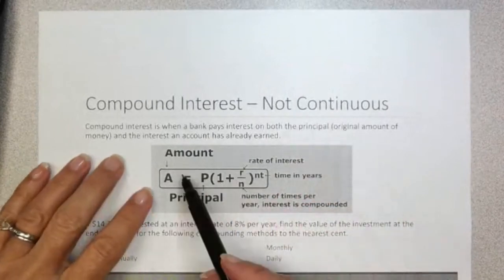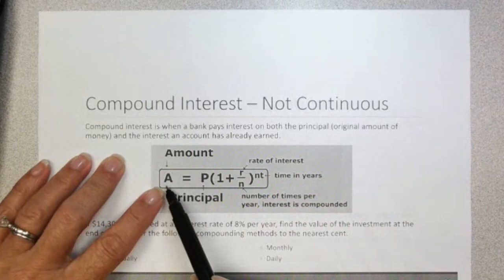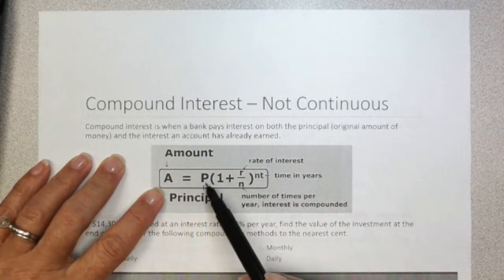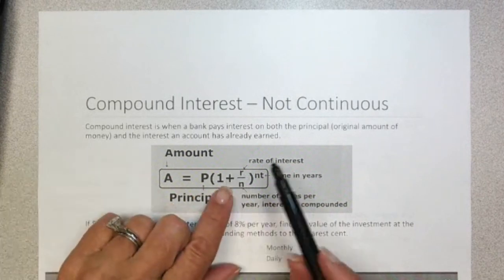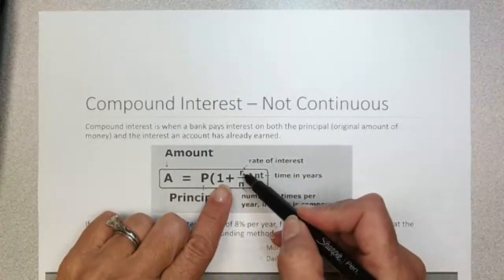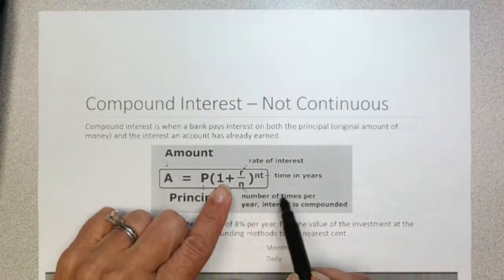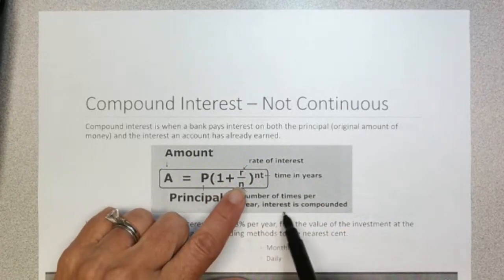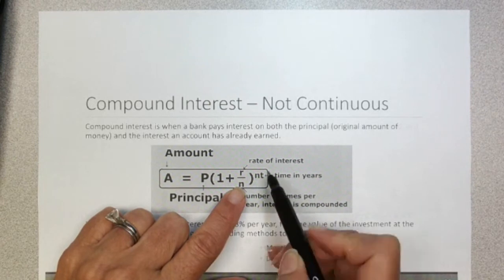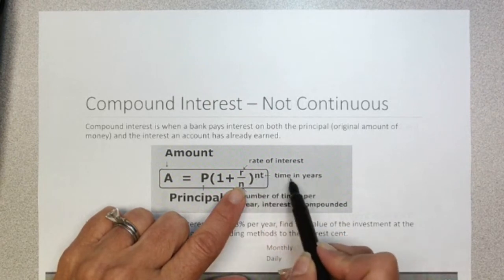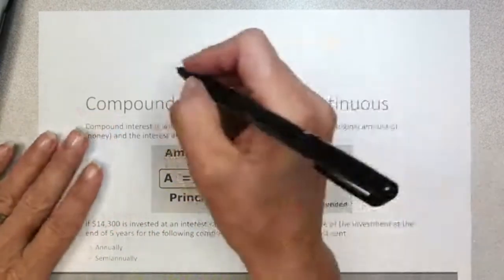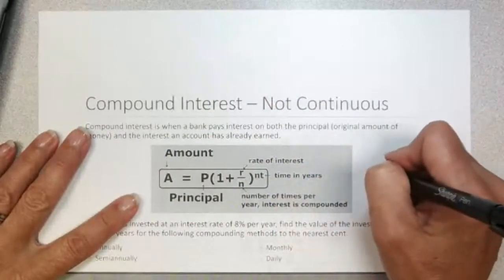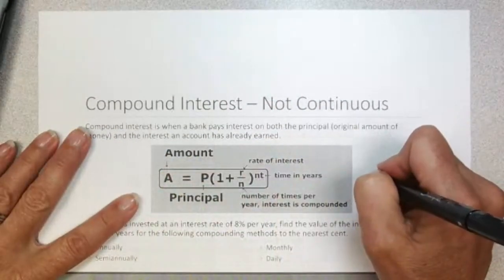The formula for compound interest says that some future amount is equal to the principal value, that's the initial value, times 1 plus the rate R over N, where R is the rate of interest and N is the number of times per year that interest is compounded. And then we raise that to the NT power, where T is the amount of time that an investment stands in years. So look, it's an exponential model, just written a little differently.